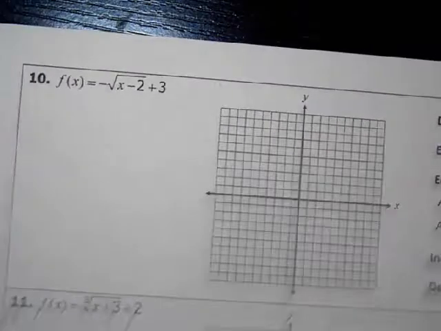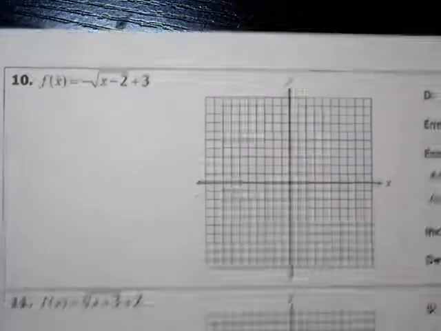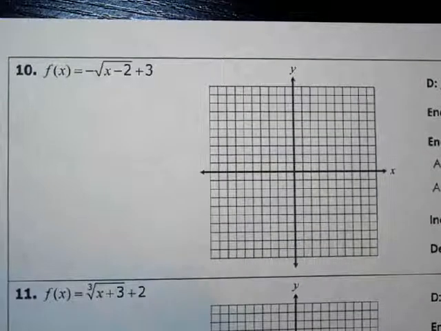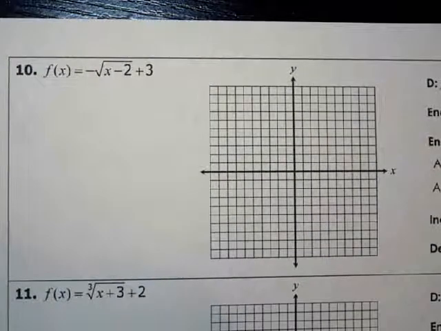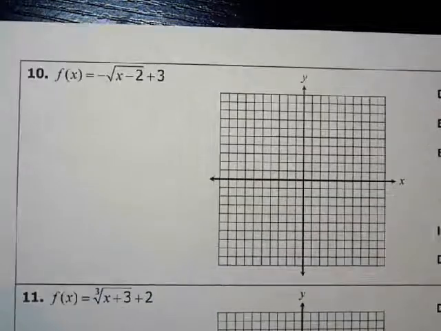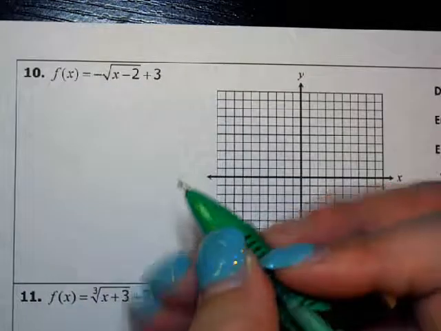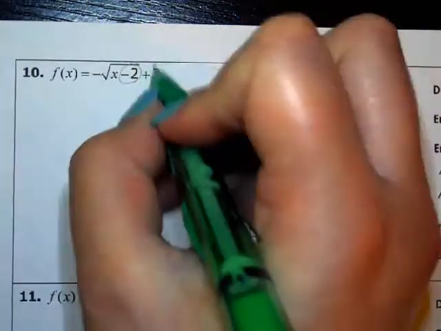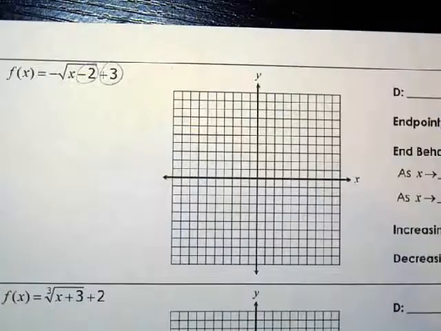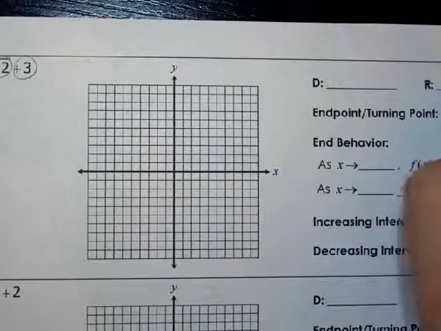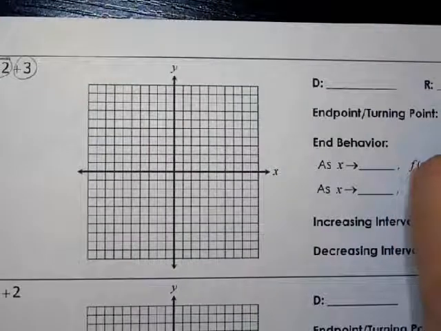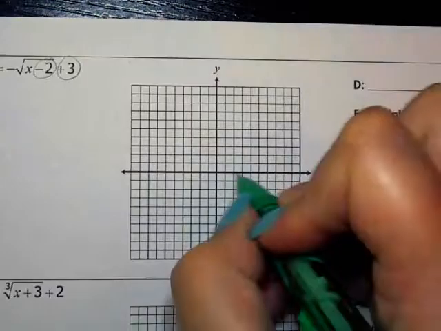End point, turning point, what is it? 2, 3. When graphing, do we put a negative or a minus? In the calculator, you put a negative in the front, underneath the 3.